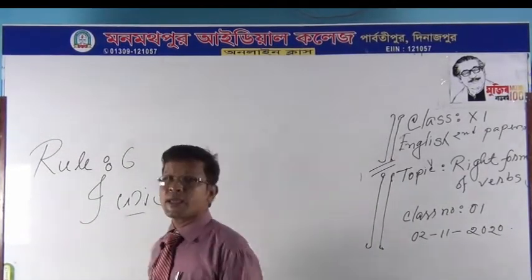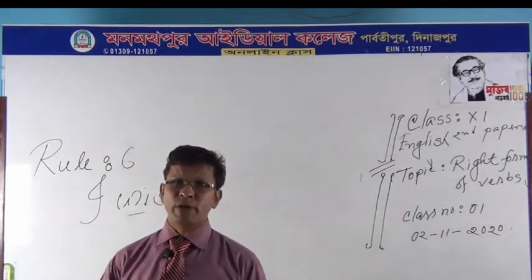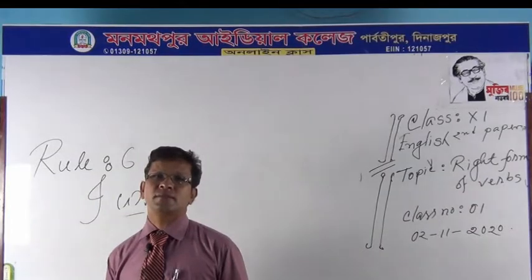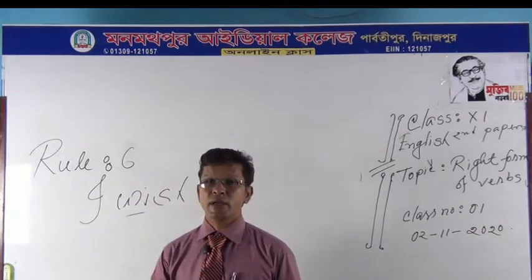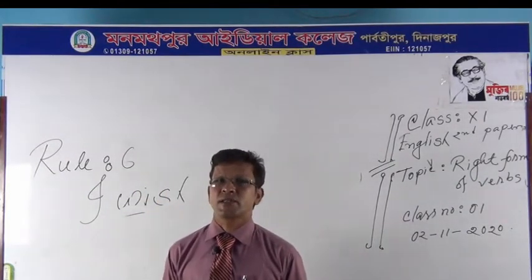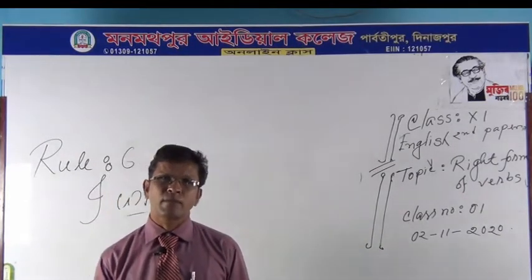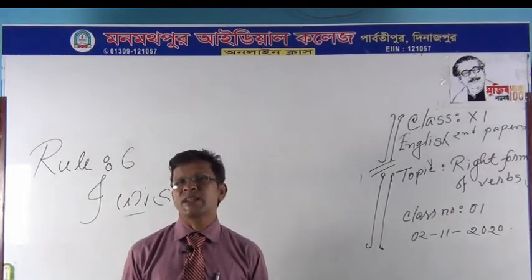But if there is a principal verb within bracket containing wish, what will be the answer? Answer will be in past form or past tense, or you may use could before the base form of the principal verb.